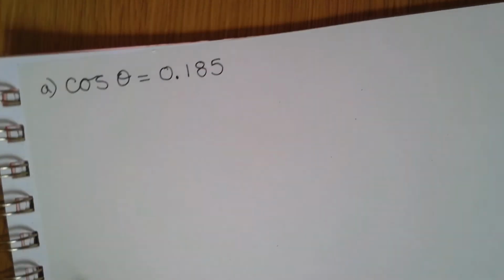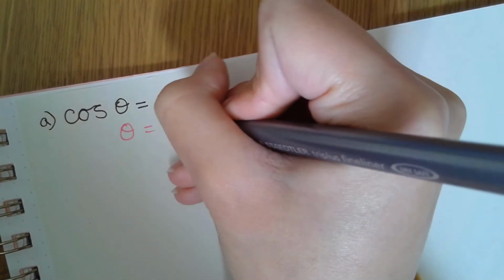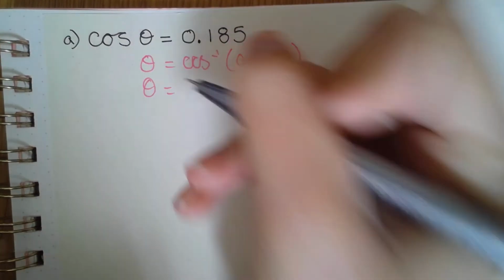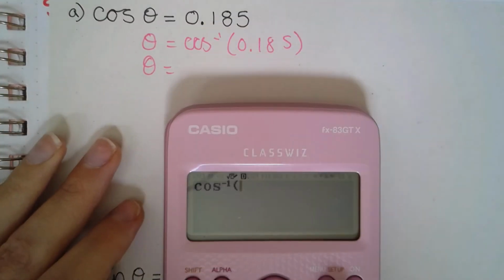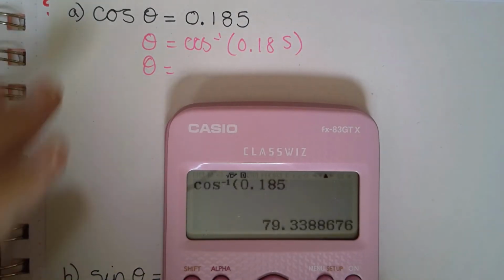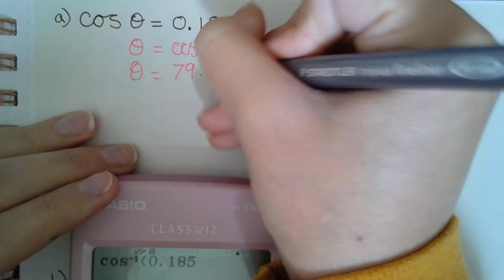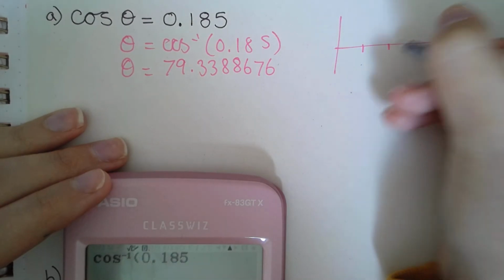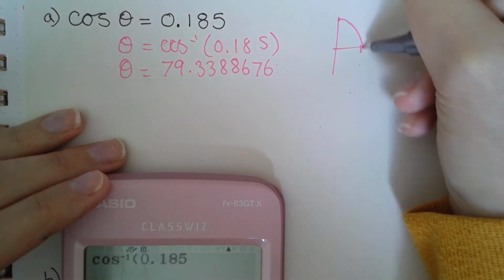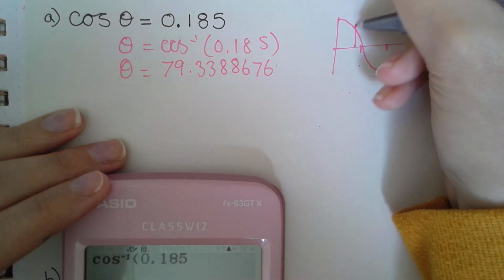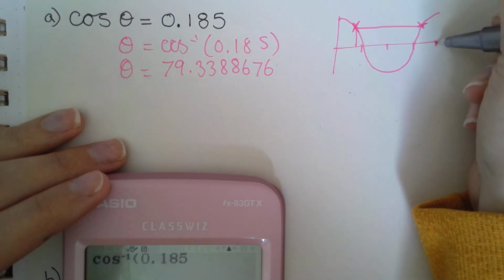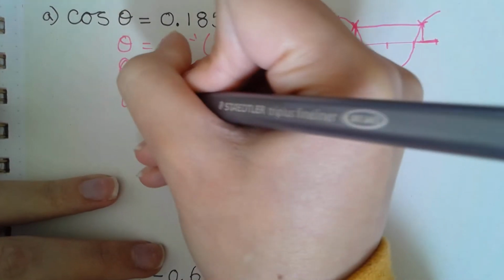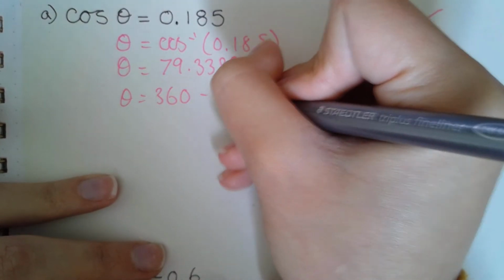So cos theta, so that means theta is cos inverse of 0.185. So theta equals our cos inverse of 0.185, which is 79.3388676. If I draw cos quickly, 90, 180, 270, 360, I can see here's one solution, there's the other, so I've got to do 360 take away the value.